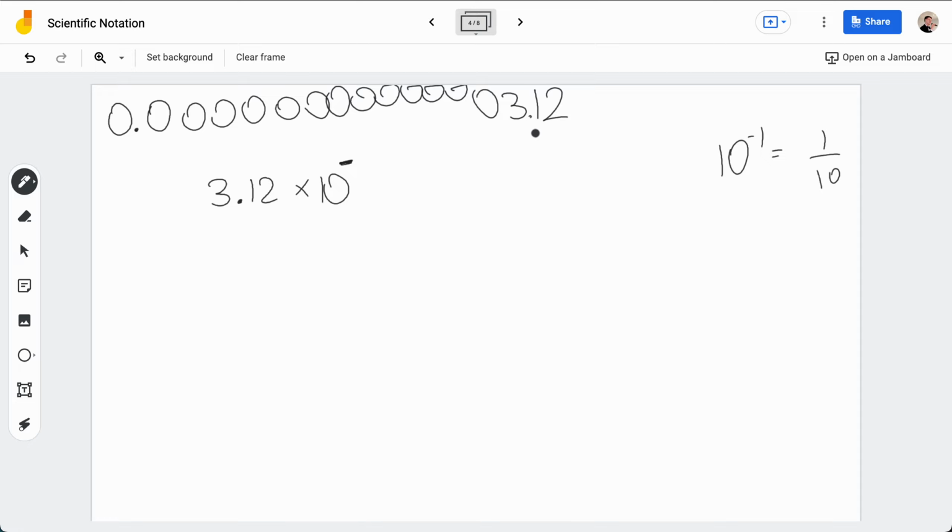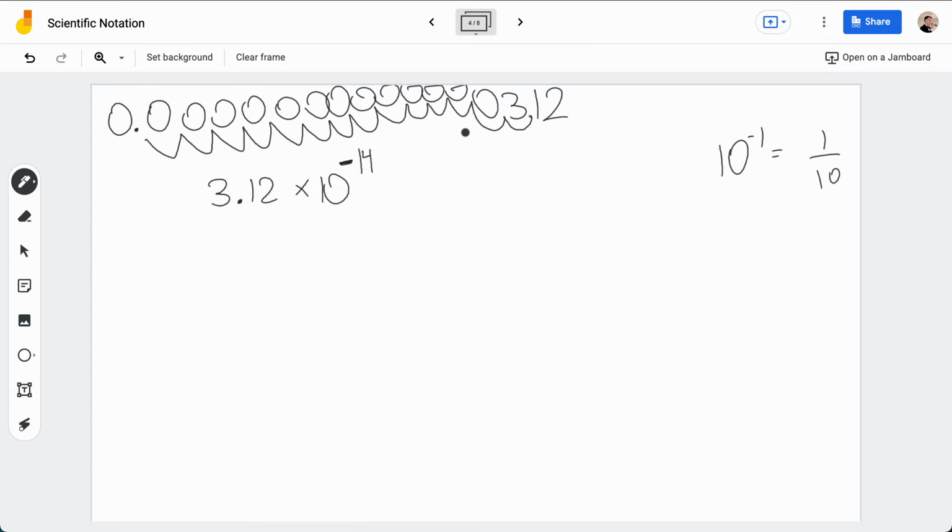If I take 3.12 and divide it by 10, I get 0.312. Then I just count how many times I'm dividing by 10: 1, 2, 3, 4, 5, 6, 7, 8, 9, 10, 11, 12, 13, 14. Negative 14.